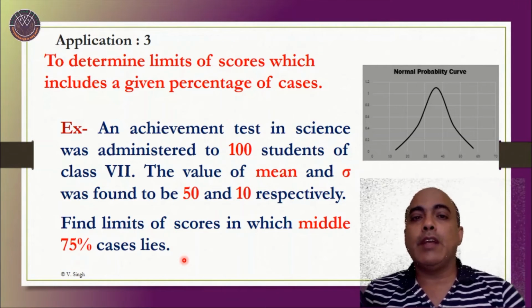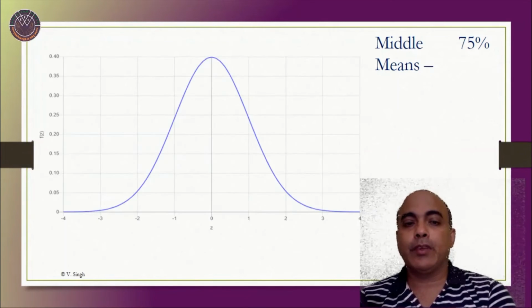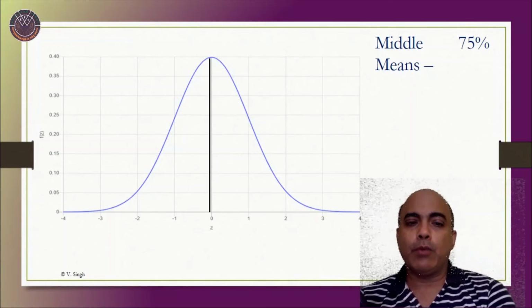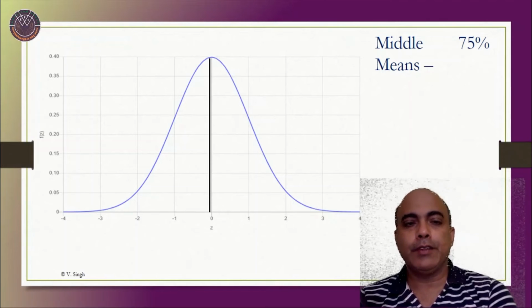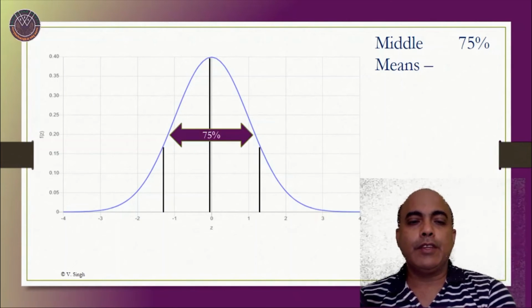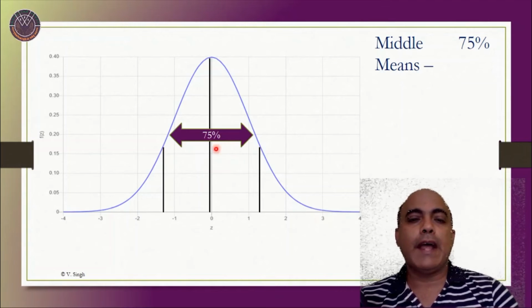So let us see how we solve this problem. What does this middle 75% mean? We can follow from this normal probability curve. This is the mean point, or the line on which the mean lies. And we can see that 75% cases are lying here, in between it.